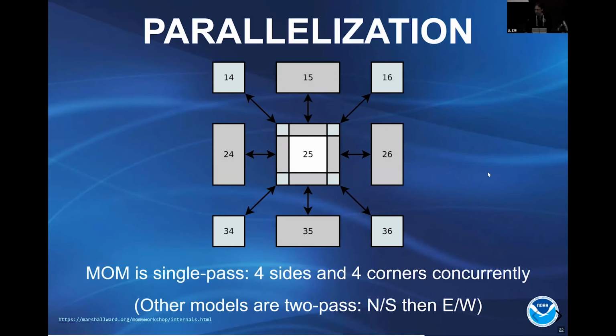So I alluded to parallelization. How do we parallelize? Well, we traditionally take our domain and split it up into a whole bunch of little boxes. And then we run each box as if it's a little microscopic ocean model. And then we do these halo updates in order to refresh those data domains across them. So in this case, imagine one of my little domains is rank 25.